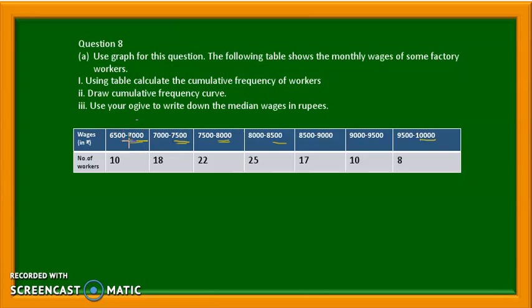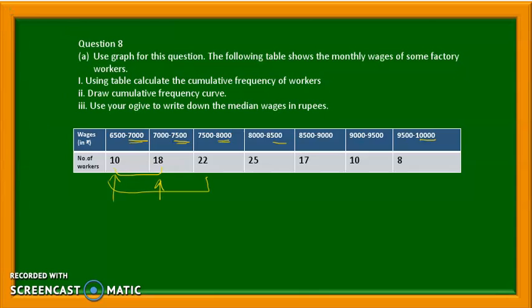Less than 7,000, only 10 will come. Less than 7,500, both of these will come. The same for less than 8,000, all 3 will come, and so on. You can add each frequency to the previous one to get all the cumulative frequencies.